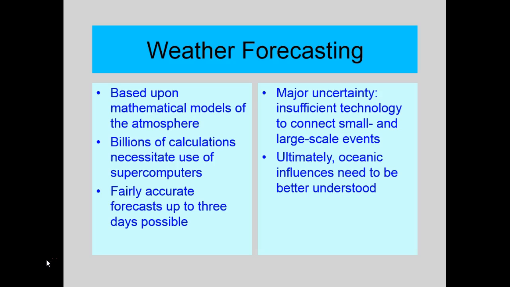But it goes miles up, okay? And then it covers the whole area of the earth. And if you think about it, it's this huge, very complex thing. So how in the world are we going to model that mathematically?